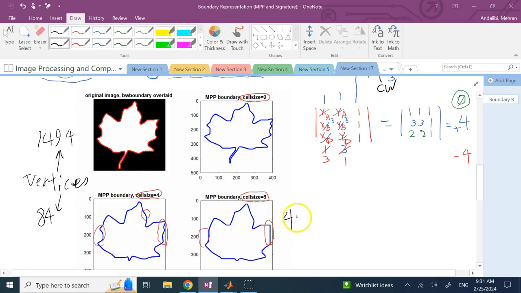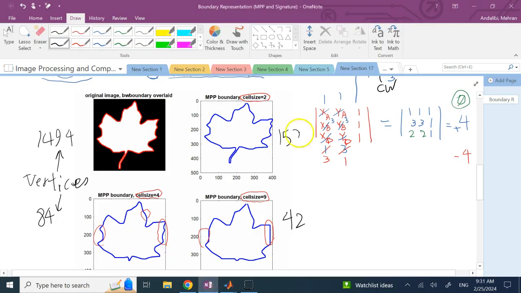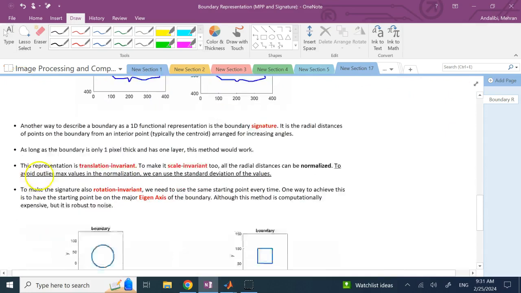And this guy was 42, this one was 150 something, right? So that's why this minimum perimeter polygon is really saving a lot of memory and computation for you. Okay, so this is the first algorithm or method.